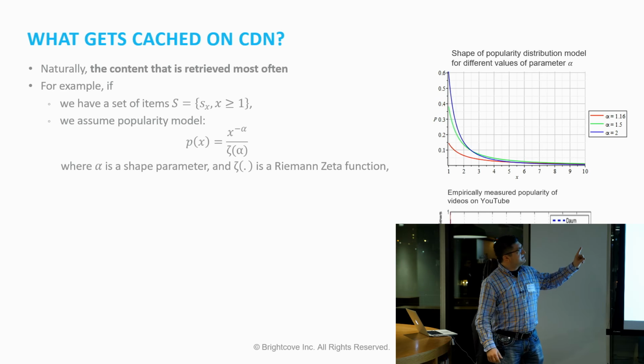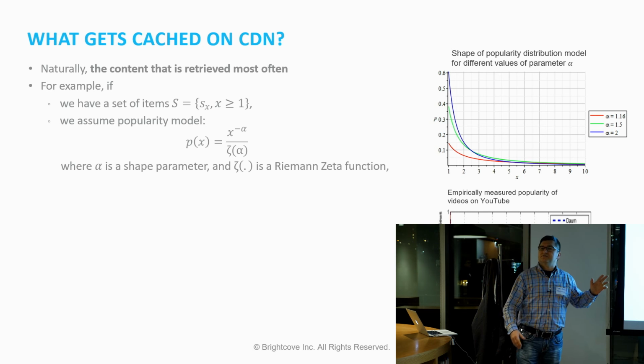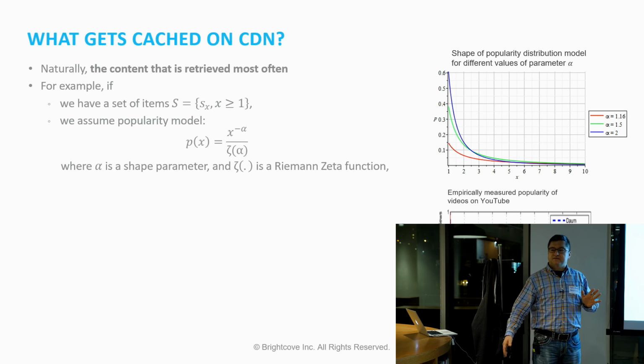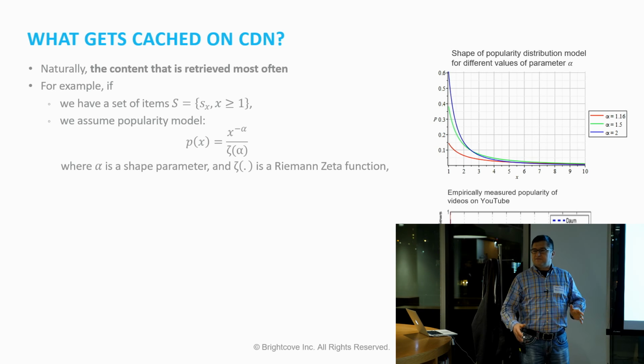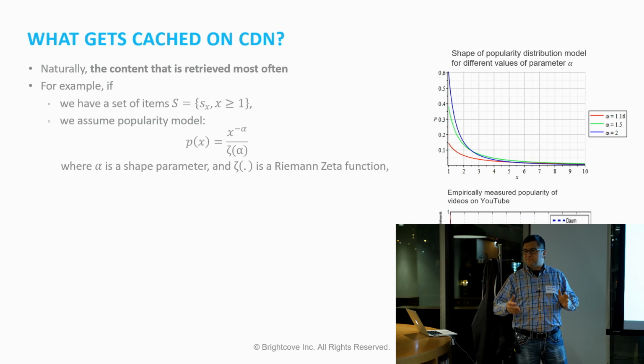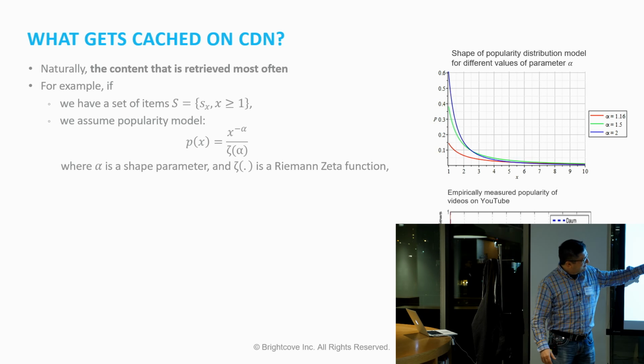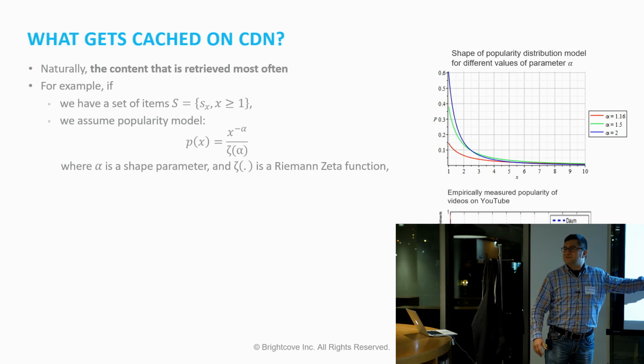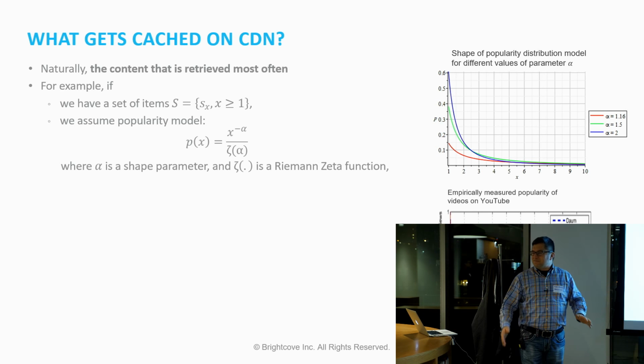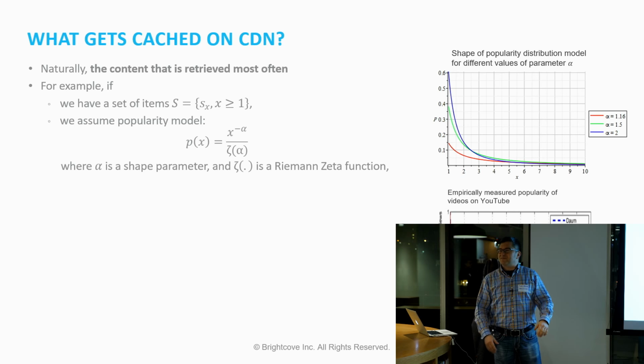This is actually a classical zeta distribution, which is a discrete variety of the so-called Pareto distribution, which is very commonly used for measuring popularity of content in a variety of natural settings. For example, the distribution of words in English letters is a well-known example of using it. Also the distribution of popularity of video clips on YouTube. There was a paper that said that model fits very well.